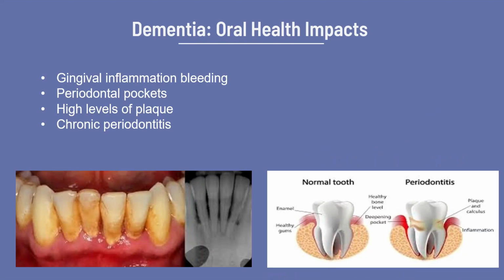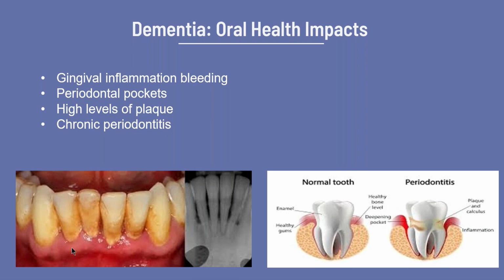The common oral manifestations for dementia patients are gingival inflammation and bleeding, periodontal pockets, and a high level of plaque, which ultimately leads to chronic periodontitis, which is inflammation of the gums. In the pictures, you can see that the tooth surfaces are covered by yellow-grayish plaque, and the gum tissue seems to be inflamed.